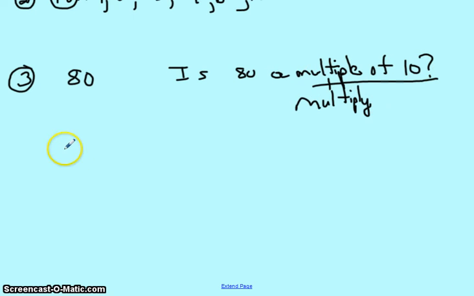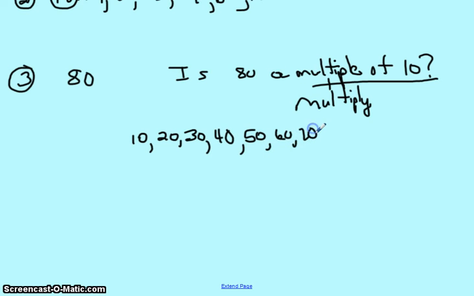So what's 1 times 10? 10. What's 2 times 10? 2 groups of 10? 20. What's 3 times 10? 30. So here are my multiples of 10, okay? What's next? 40, 50, 60, 70.